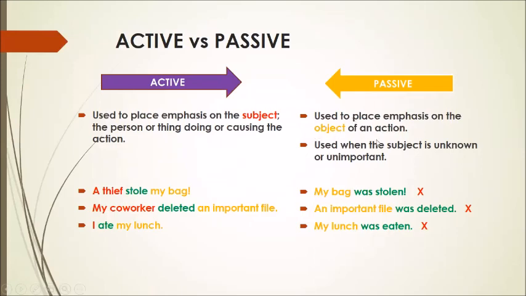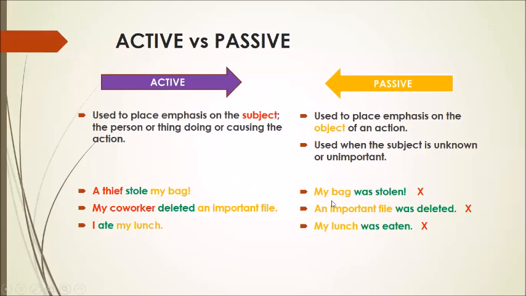It is used when the subject is unknown or not important. In the passive voice, as we told in the slide before, the most important thing is the object. It doesn't matter who does the action.